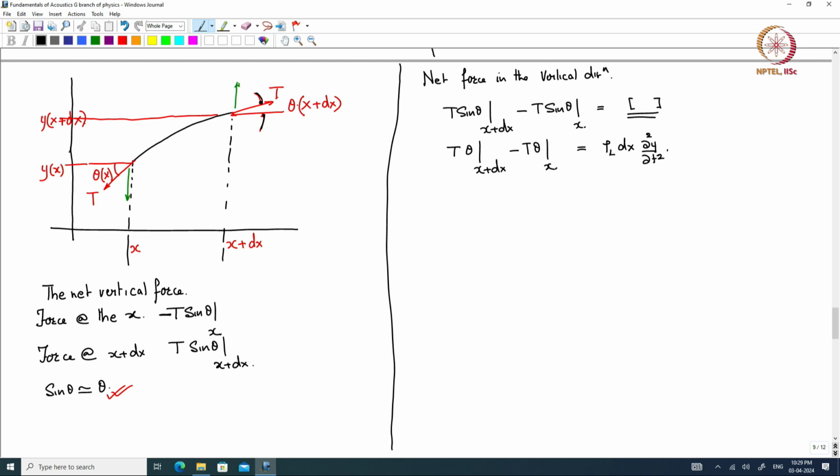Now, theta, we have to bring theta in terms of y and x. Theta is written as del y by del x. This angle is written as del y by del x.